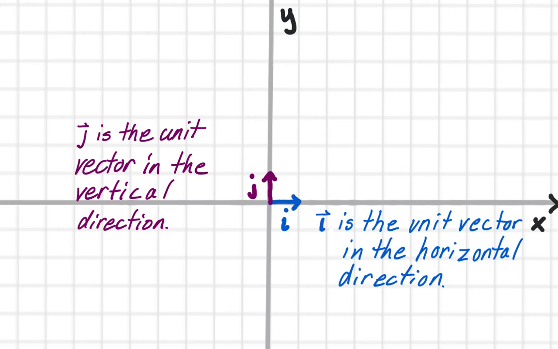Now, in your book in Pearson, once again, you will just see the i and the j as bold characters. I will try to remember to write them with the arrow on top to indicate that they are unit vectors.